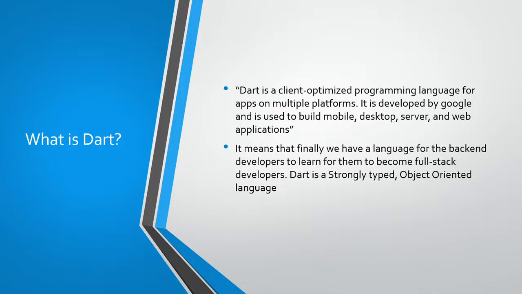What is Dart? As per the definition that is given on Wikipedia, Dart is a client-optimized programming language for apps on multiple platforms. It is developed by Google and used to build mobile, desktop, server, and web applications.